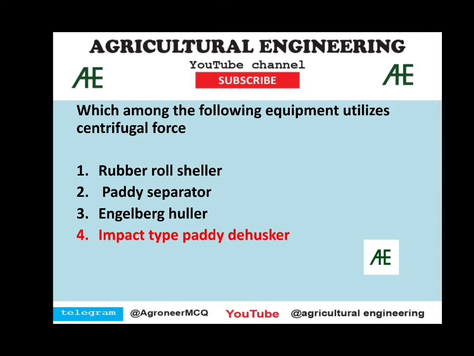In paddy separator, a different principle is used, and in Engelberg huller, a similar principle, friction and attrition, is used. But in the case of impact type paddy dehusker, the centrifugal force is utilized.